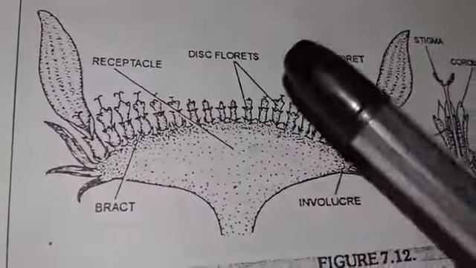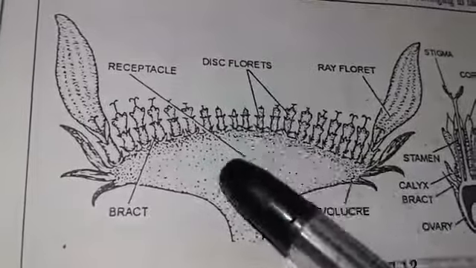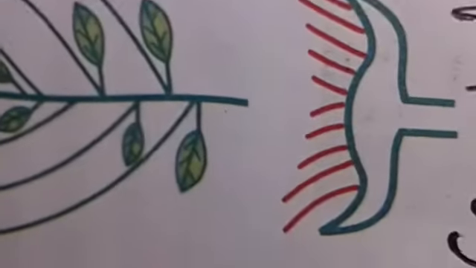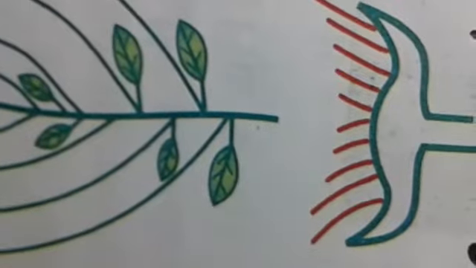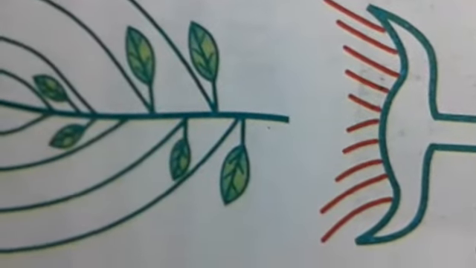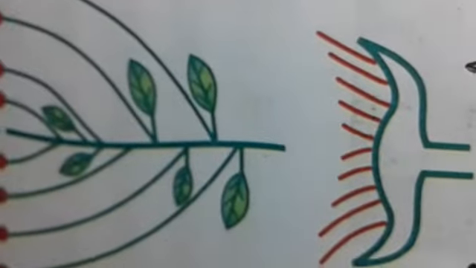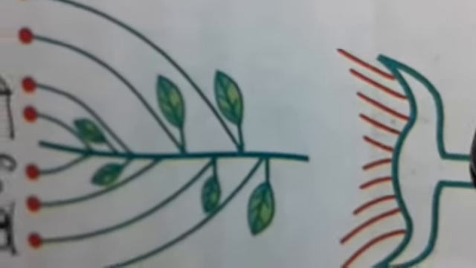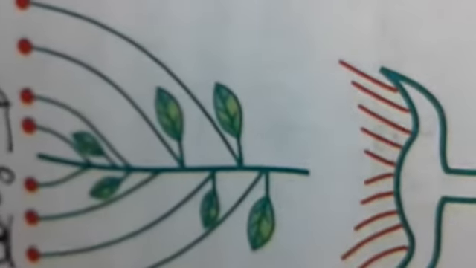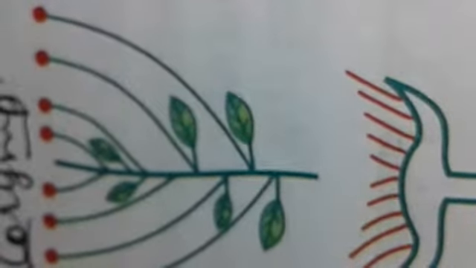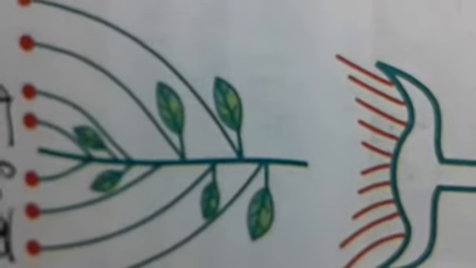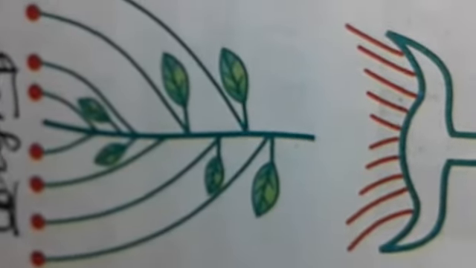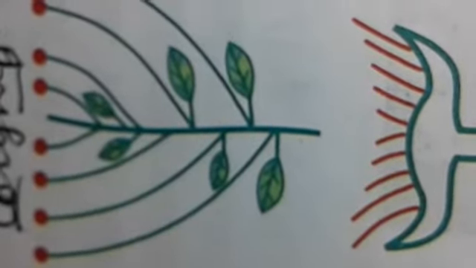Here you can see the diagram of the capitulum type of inflorescence. In capitulum type of inflorescence, the main axis is flattened, called the receptacle. It may be concave, convex, spherical, or flat and bears numerous small flowers called florets.